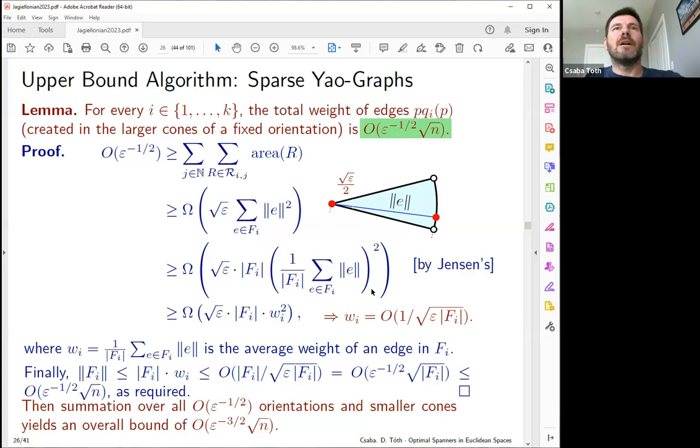And now Jensen's inequality changes the sum of squared lengths to just a summation squared, and then we isolate the total length of the edges to get these bounds that we wanted.